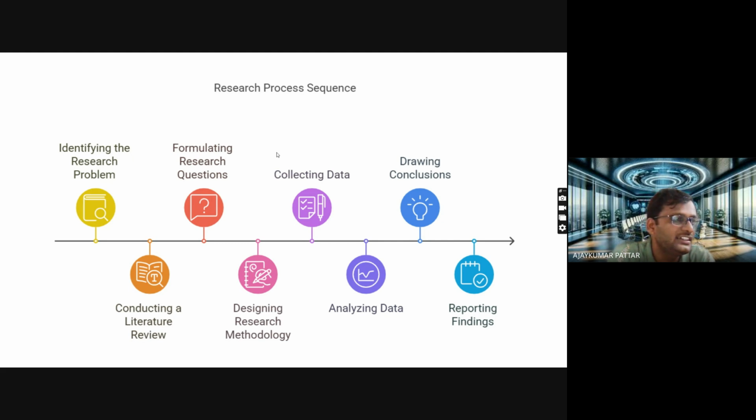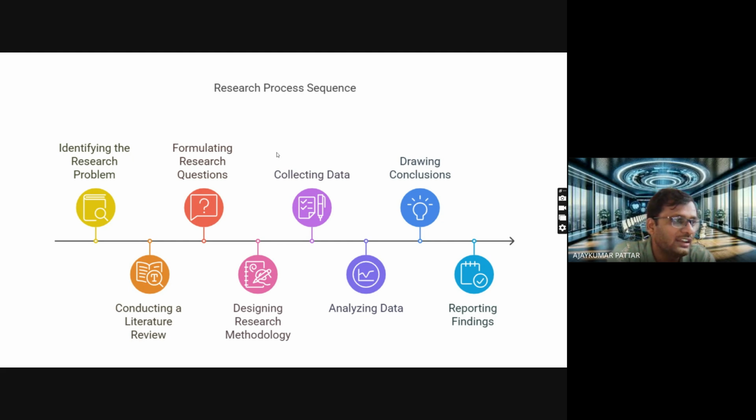Where do you get this research problem? You may go to the real world and see what the real problems are in the medical field. Or you can go through the literature, previously done research, to see what problems or difficulties they have not found any answer for.